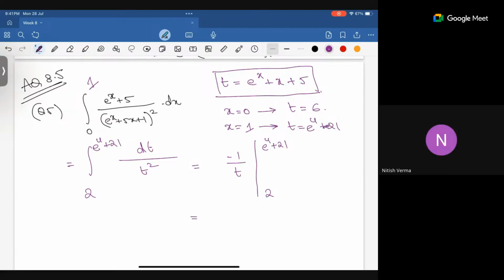Yes, sir. So when x is 1, it will be e only, no? Why does e power 4 come when x is integrated to 1? Okay, leave it. So there is some mistake.